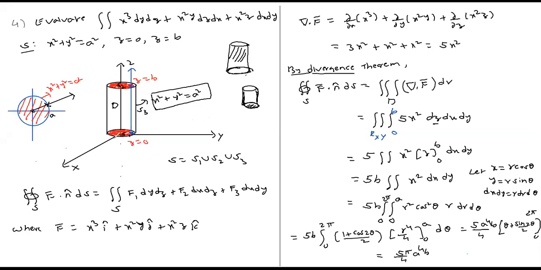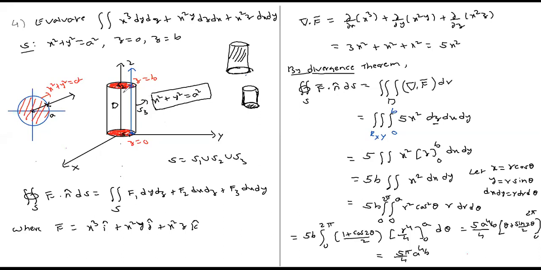Either you have to project it on the xz plane, or you have to project it on the yz plane. If you project it on the xz plane, you will get a rectangular region. Can you see this? Similarly, if you project it on the yz plane, you will get a rectangular region. But the problem is, the surface is not entirely on one side of the projection. This cylinder is equally occupied in all the four octants, right?